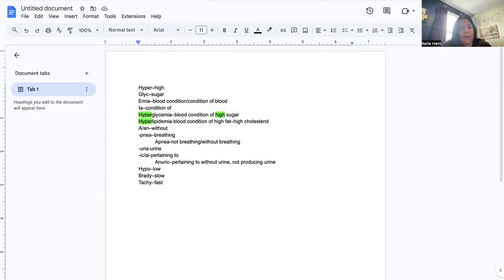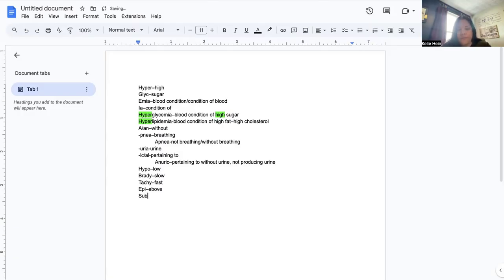But I want to do these common prefixes, okay? So we've got hyper and hypo. We've got a or an, meaning without. We've got Brady and tachy, okay? Epi, above, okay? So if we say epi and add it to something like epigastric, above the stomach, okay? Epi is going to be above.